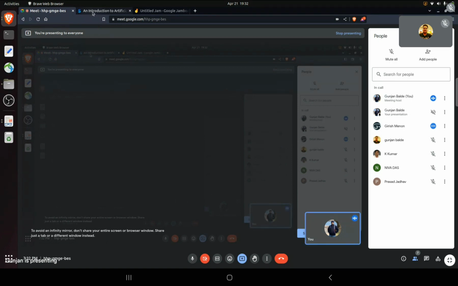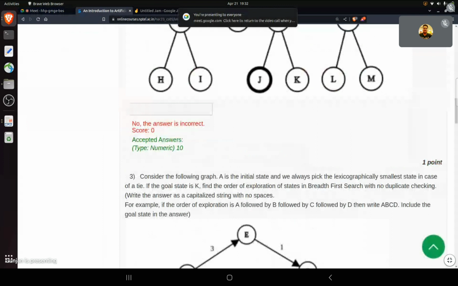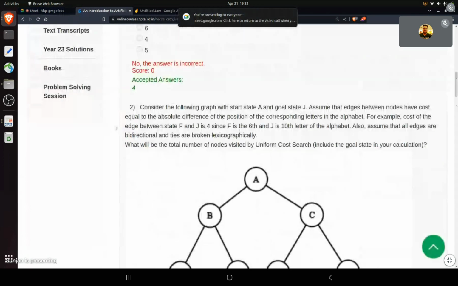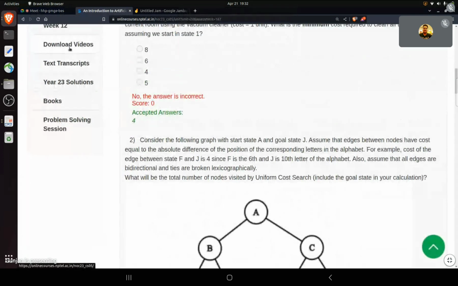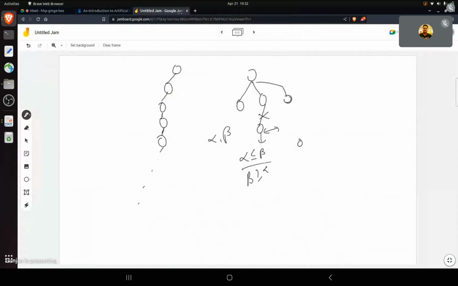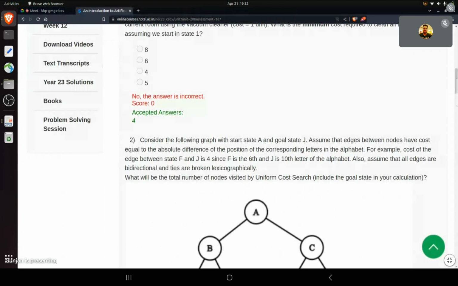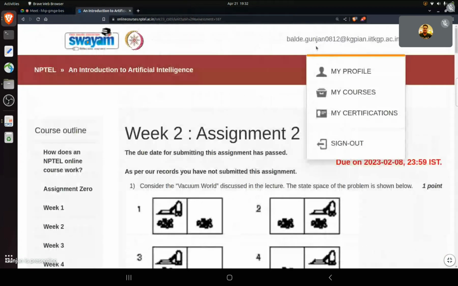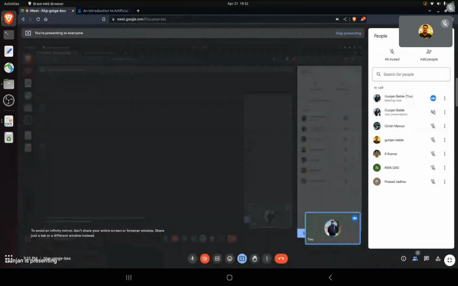A good thing is that they have made the solutions public, right? So I would suggest that you go through all the assignments and just solve them once before the exam, because I think nothing would be out of scope of what is taught.